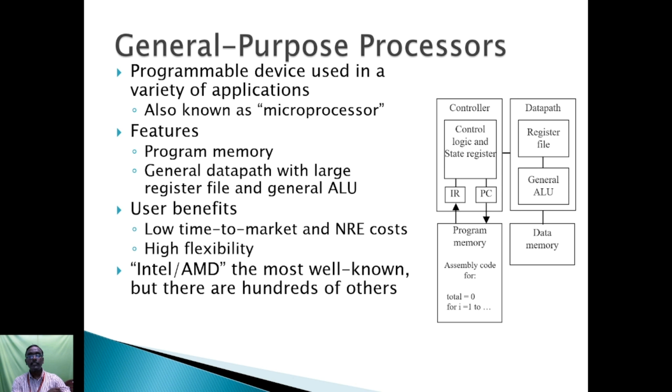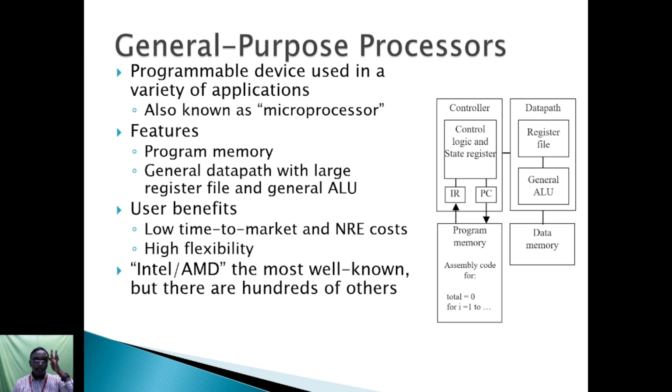Next one is the general purpose processor, a programmable device used in a variety of applications, also known as a microprocessor. What are the features of a general purpose processor? Program memory, and a general data path with a large register file and general ALU.